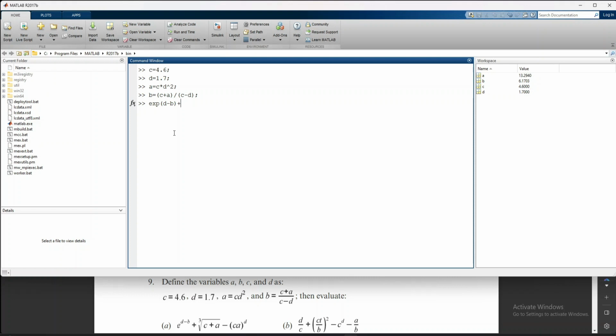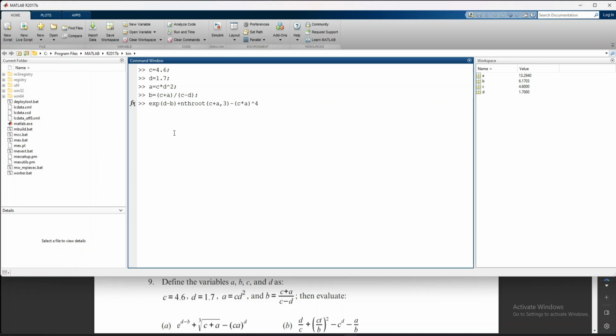We commonly used nth root from our lecture 2, so it's the common nth root for the cube root: nth root bracket c plus a comma and 3 for the cube root, and bracket close for the nth root. Now minus bracket c into a, c into a bracket close, and the whole power is 4.